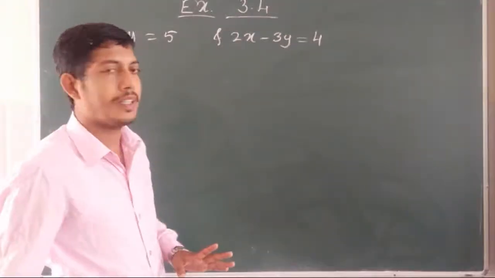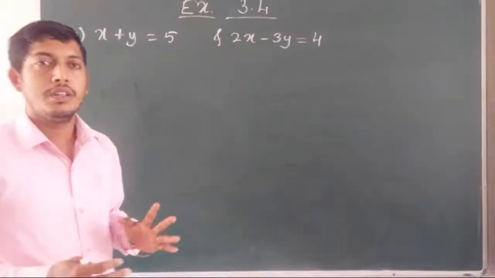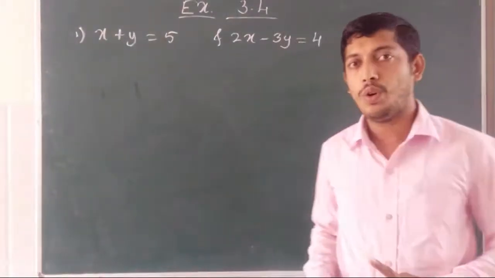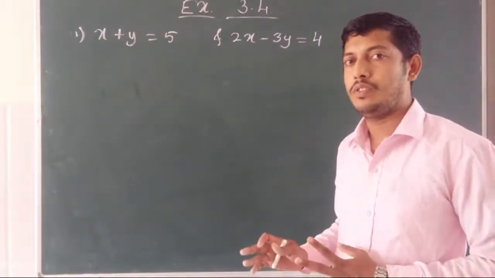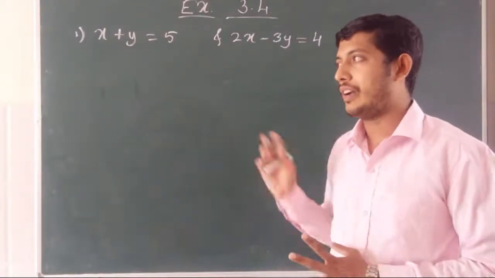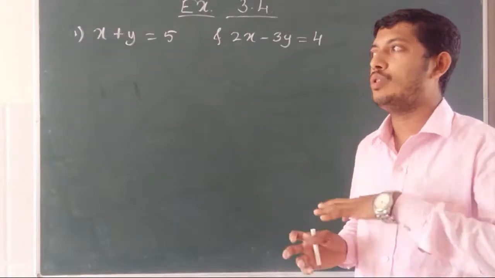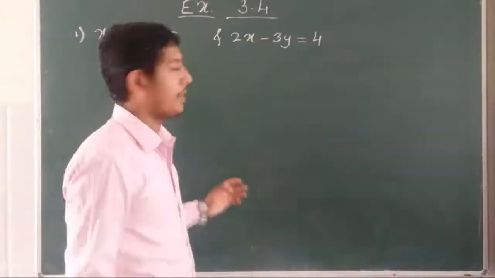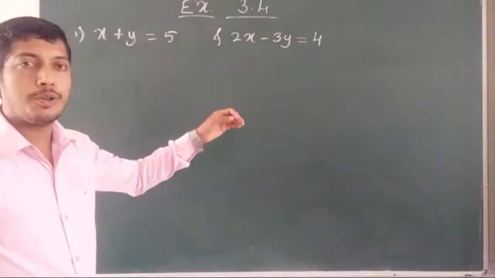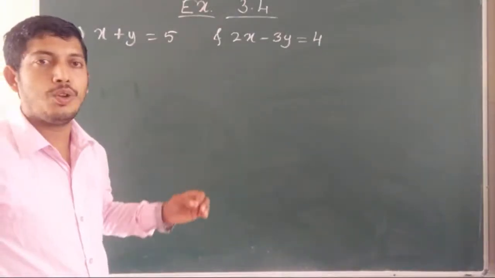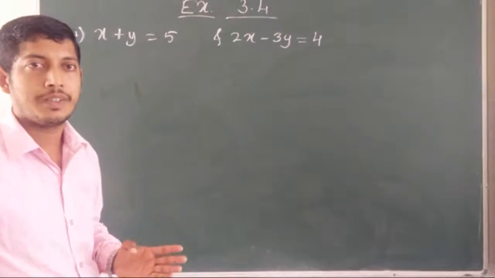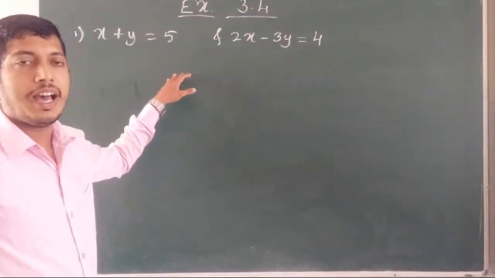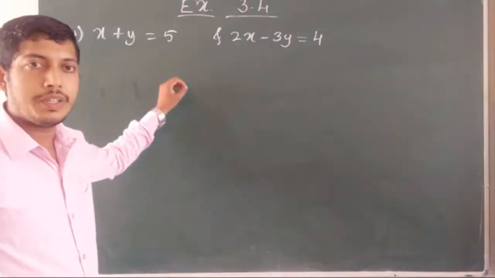Elimination method means we take the two equations and eliminate either the x value or the y value, in such a way that we get one value, and by using that value we find the other value. In the substitution method, we consider equation 1 and take the value of x from the first equation.